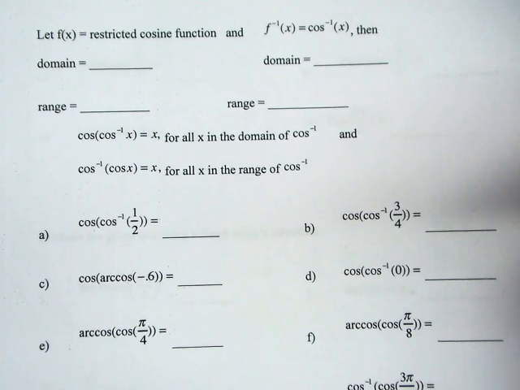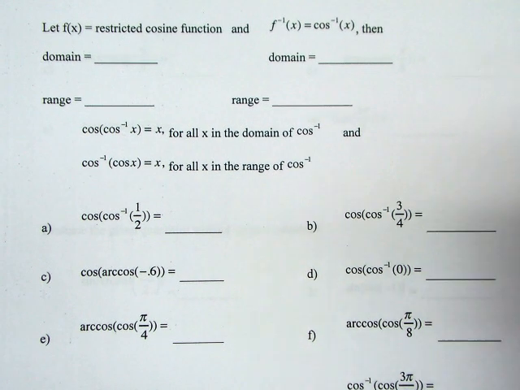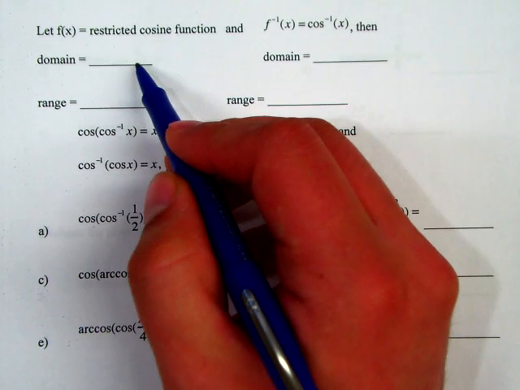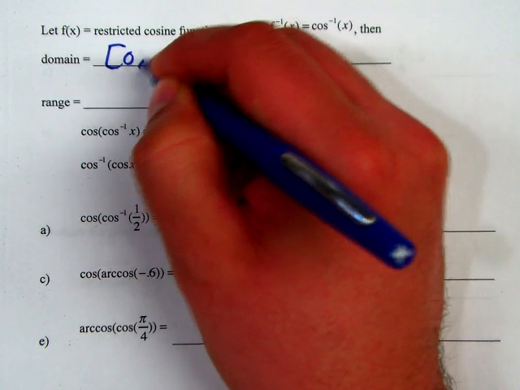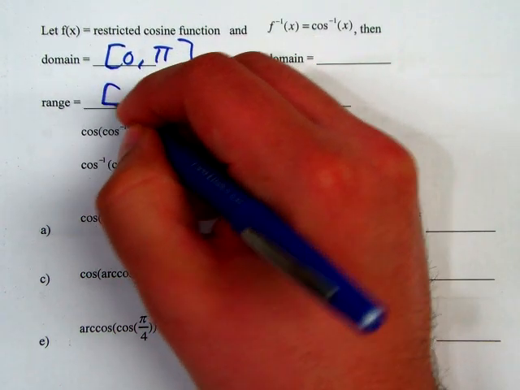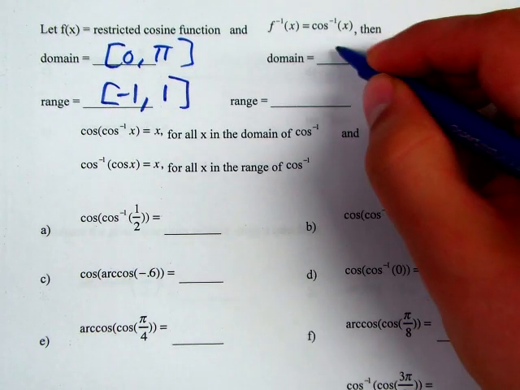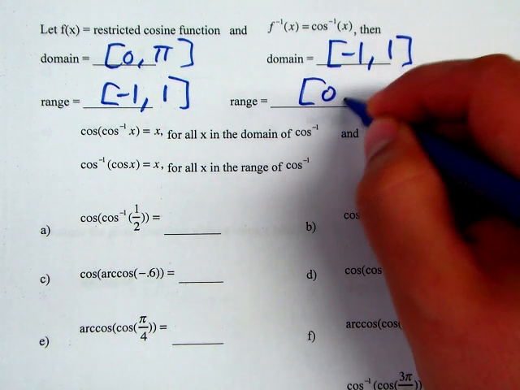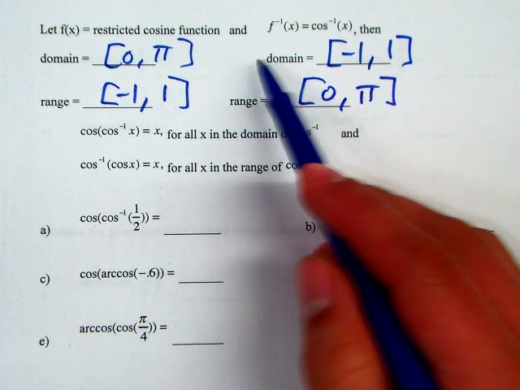And now that we kind of understand how this works, we'll cruise through some examples here. So restricted cosine, if you forgot, domain is from 0 to pi, range is from -1 to 1, so naturally the domain and range for the inverse are just reversed from the restricted cosine.